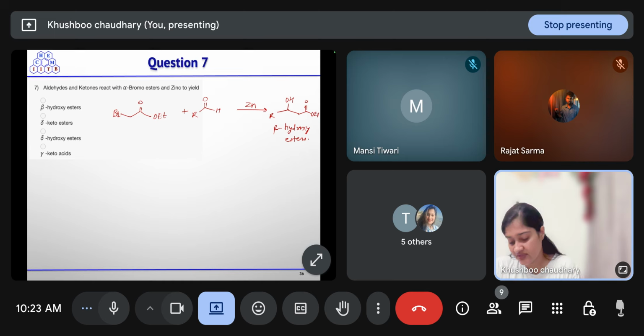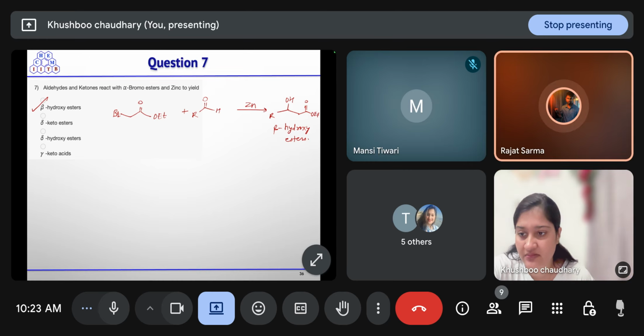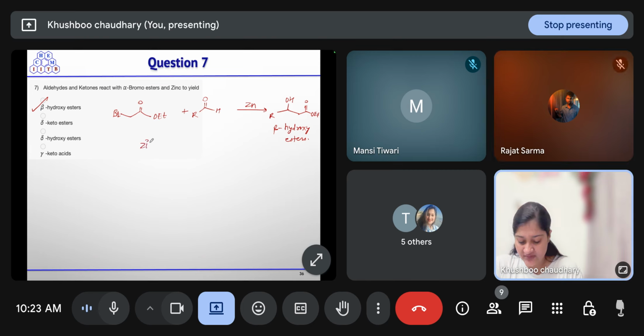This we already saw. So the correct option is option A. And the mechanism we have already seen. It is the Reformatsky reaction. There will be transmetalation, and then this C will get negative charge and attack the aldehyde, and then it will form beta hydroxy esters. Correct. Zinc enolate will form in this.